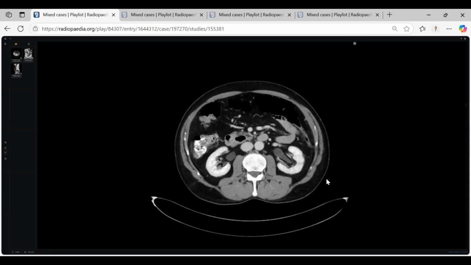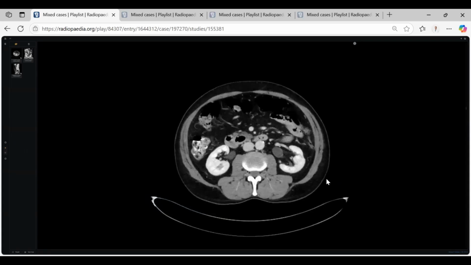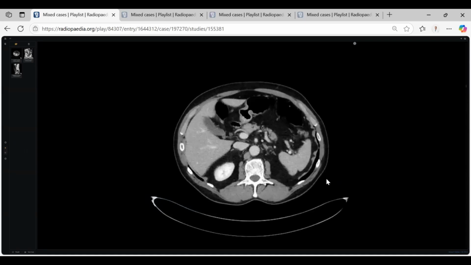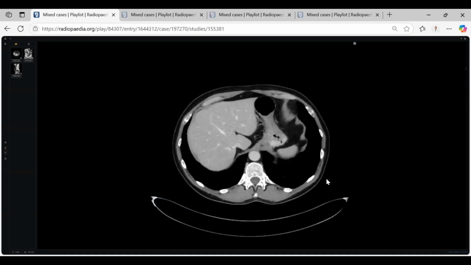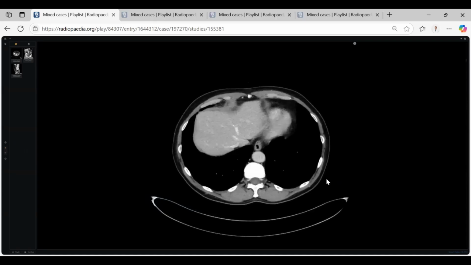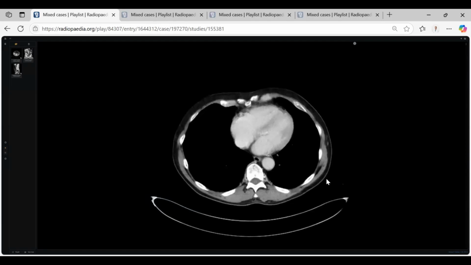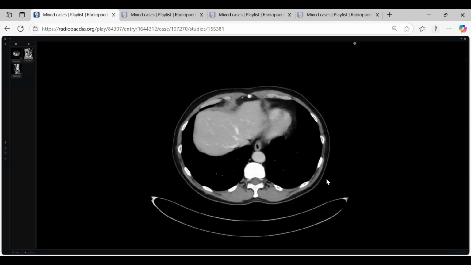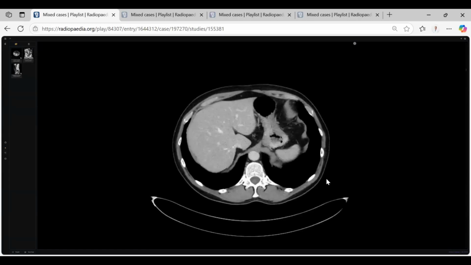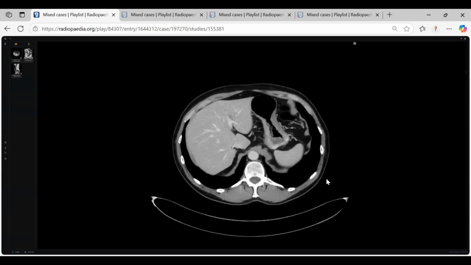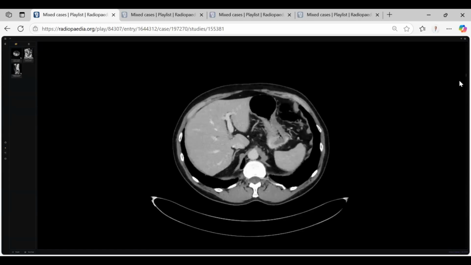I'll look at each organ one by one. The liver and both the kidneys appear normal. Doctor, don't worry about solid organs. There appears to be a heterogeneous area in the epigastric region. So can I scroll through the images? Yes.